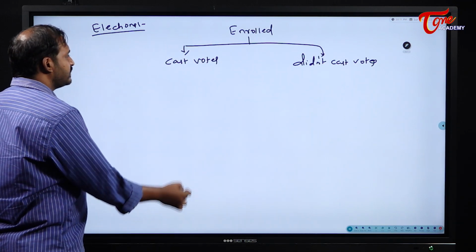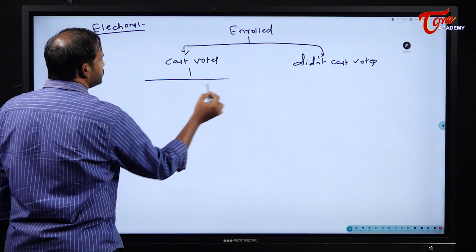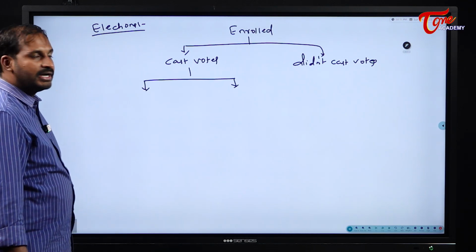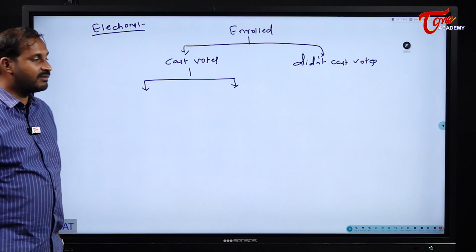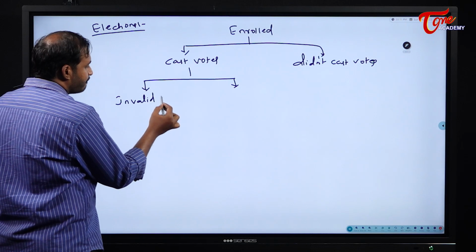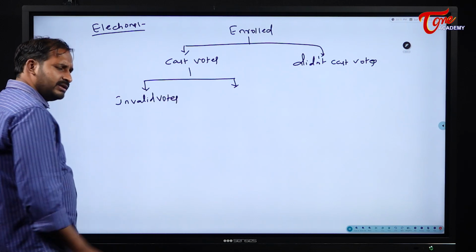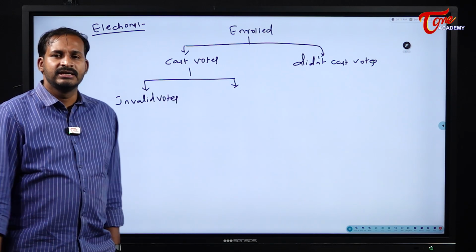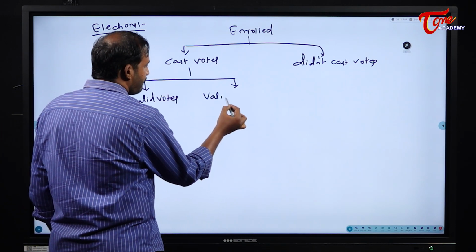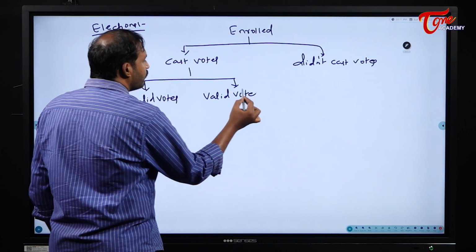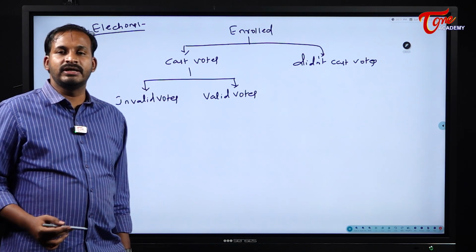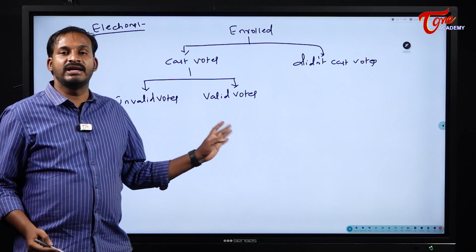And from this casted votes, the persons who didn't cast their votes we will not bother about. But when it comes to casted votes, here we will have two types of sets. One is invalid votes, due to many circumstances there will be some invalid votes, and we will have valid votes. Now when we want to decide who is the winner or who is the loser, which one will we take into consideration? The valid votes.